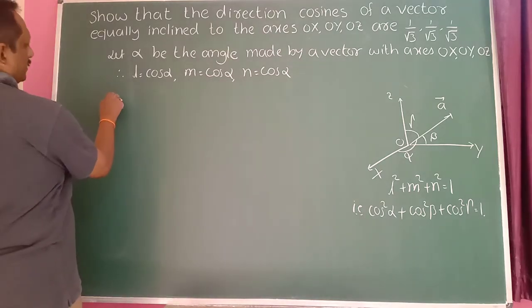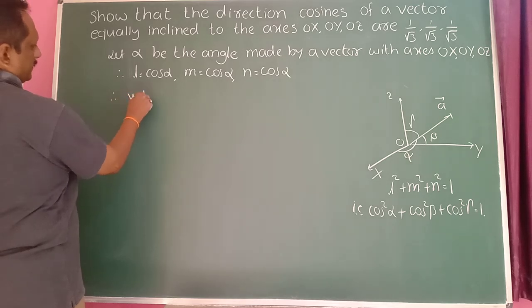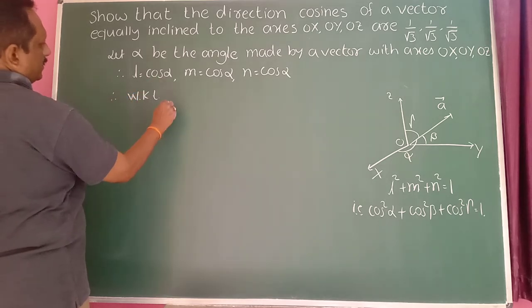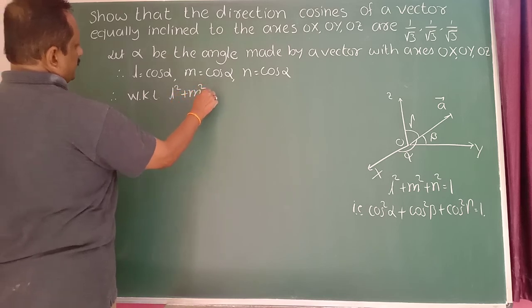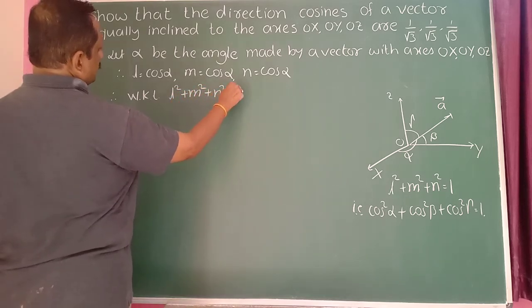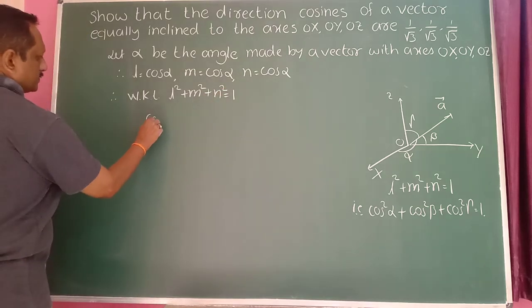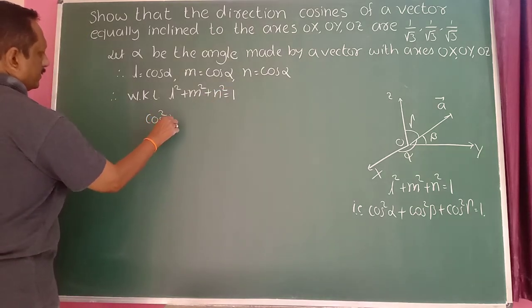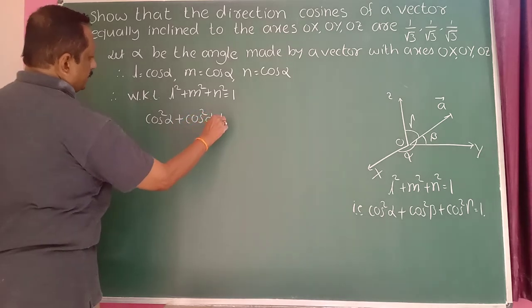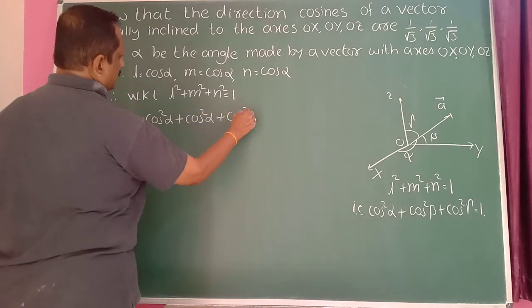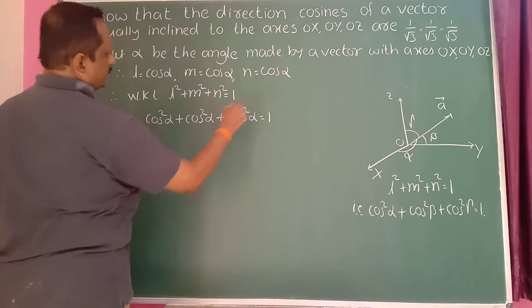Therefore, we know that l square plus m square plus n square is equal to 1 here. So cos square alpha plus cos square alpha plus cos square alpha is equal to 1 here.